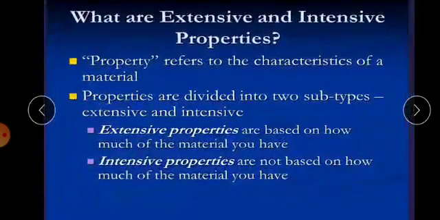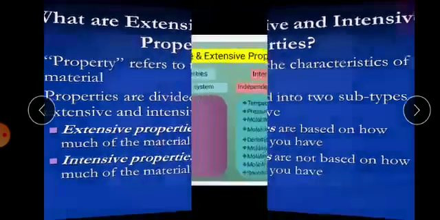Extensive and intensive properties. What is an extensive and intensive property? The property means a characteristic of a material. A material may be a system. The properties are divided into two subtypes, extensive and intensive. Extensive properties are based on how much of the material you have, and intensive properties are not based on how much of the material you are having.